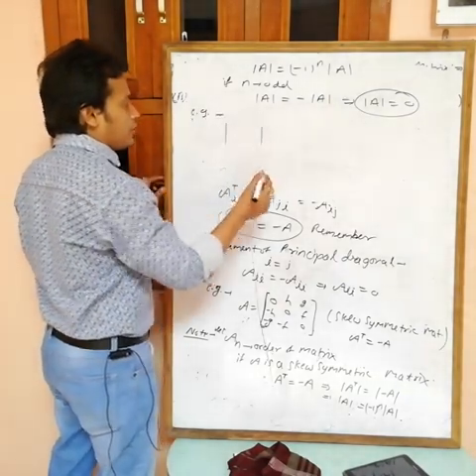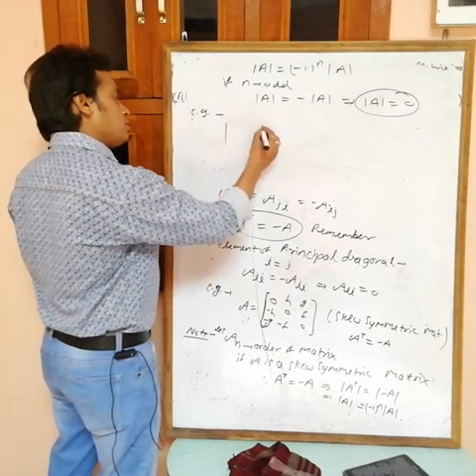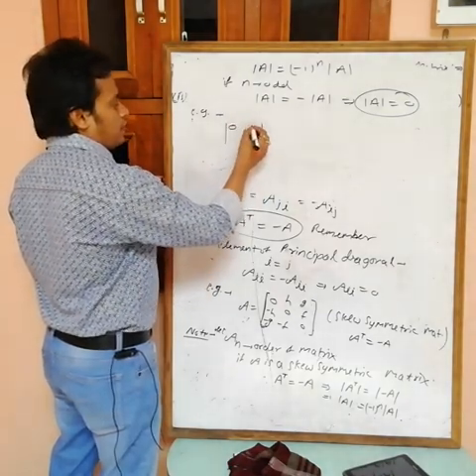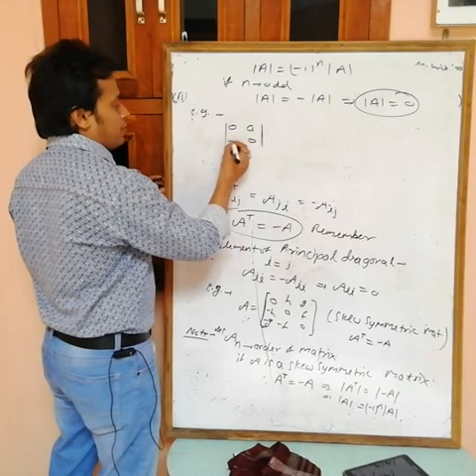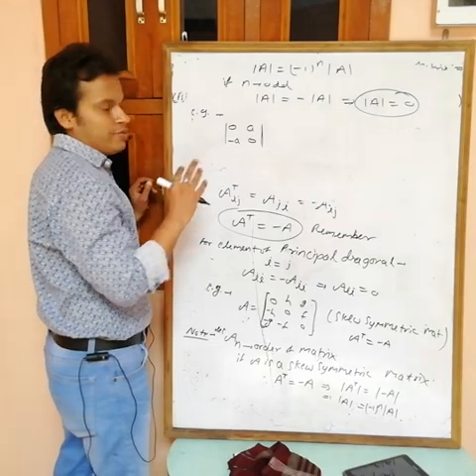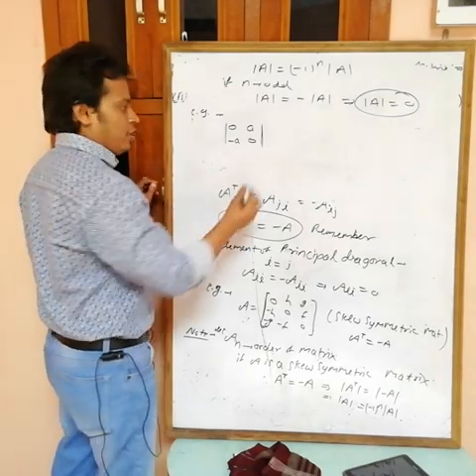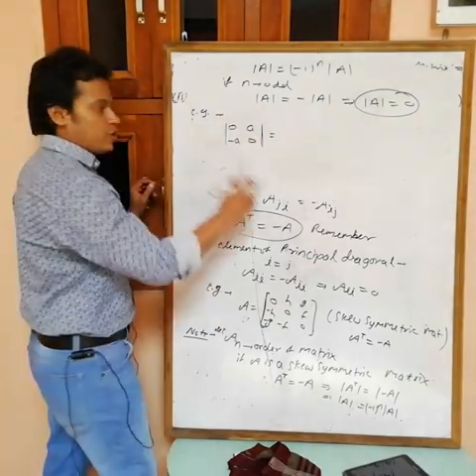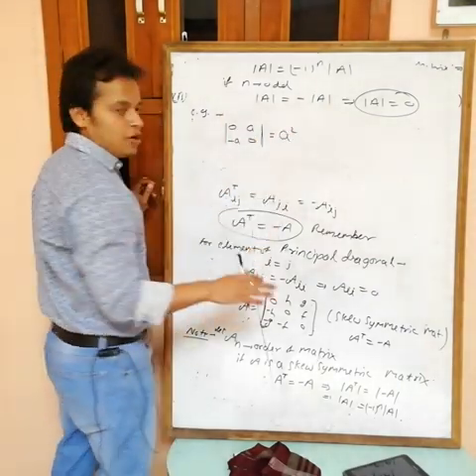See, for example, I am taking one skew symmetric determinant of even order. This is A and minus A. Now if you find the value of this determinant, this one into this one minus this one into this one, you will get A square, not equal to 0.